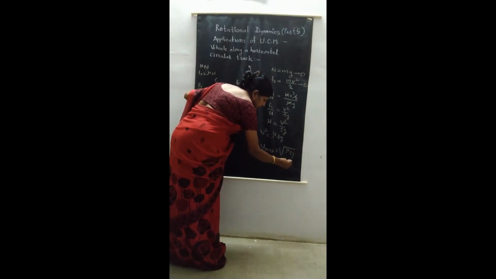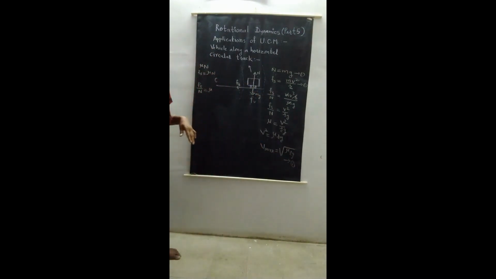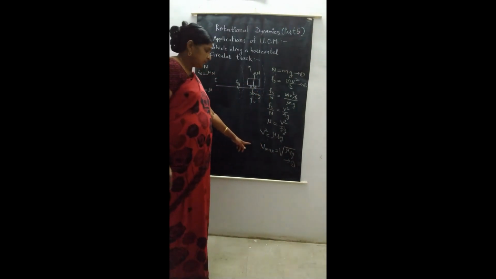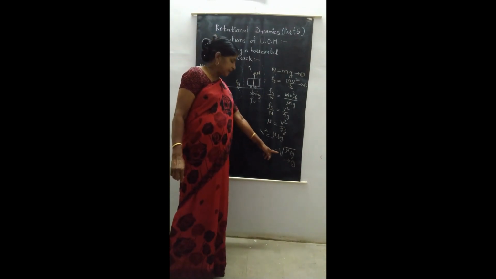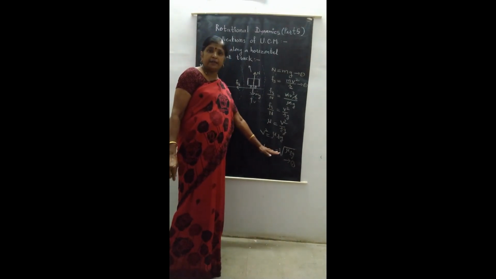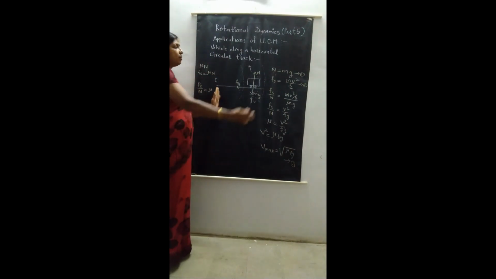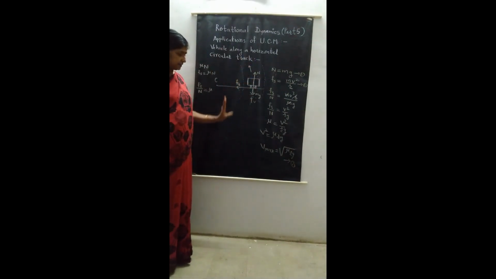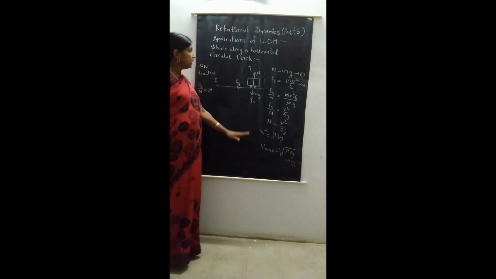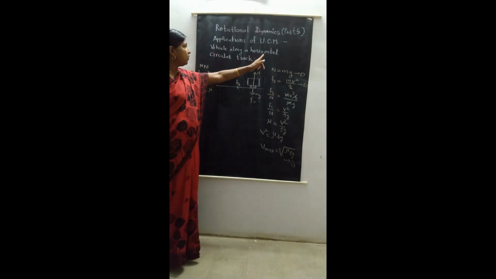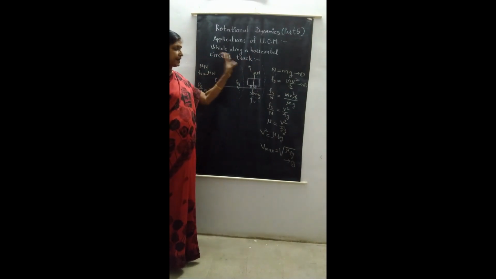So this equation number 3 gives us the maximum speed with which the vehicle can be safely driven on the curved horizontal road like this. Now, this is a horizontal circular track.